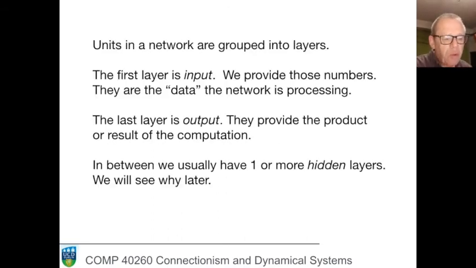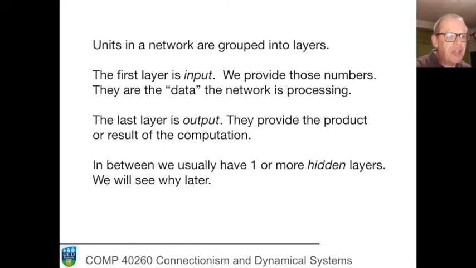So far we've only spoken of a single unit. The units within a network are grouped into layers. And here we're talking about the network as a whole and not an individual unit. The first layer of units is the input layer. The values associated with these units are provided by us. These are our inputs.